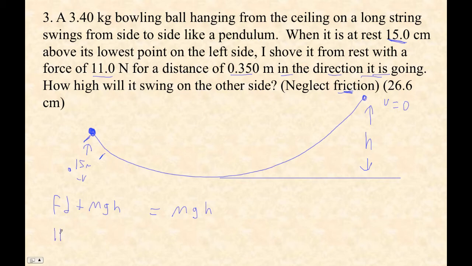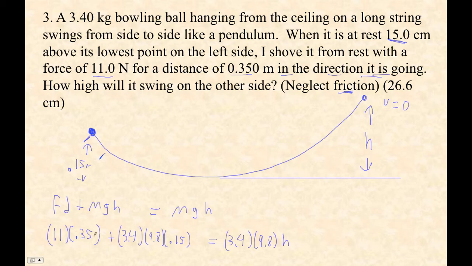We've got 11 newtons times 0.35 meters, plus mass, which is 3.4, times 9.8, times, let's see, what's our height? 0.15. And then that's going to turn into 3.4 times 9.8 times h.